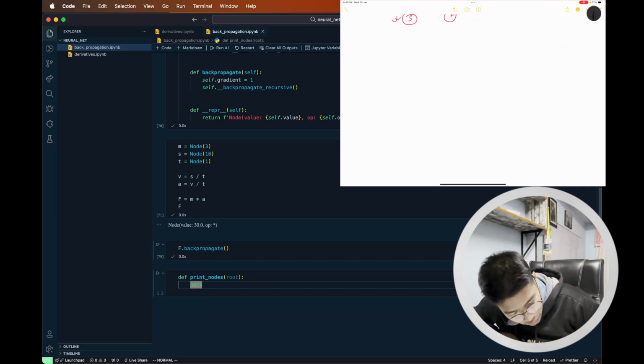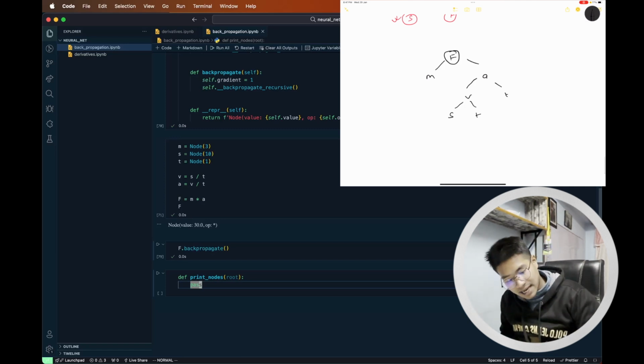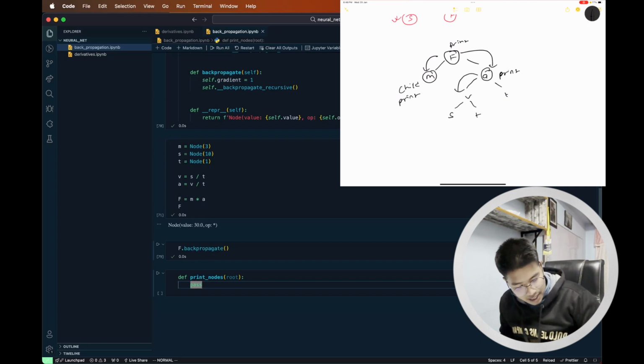So let's actually look at what this function should do. I am at f, a, m, v, t, s and t, right? So I start at my root node, which is f. I should print this. I should go to my child. I should print this. I go to the other child. I should print this. I should go to the other child, right?